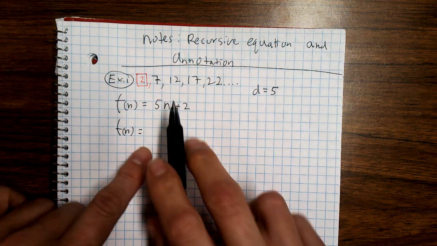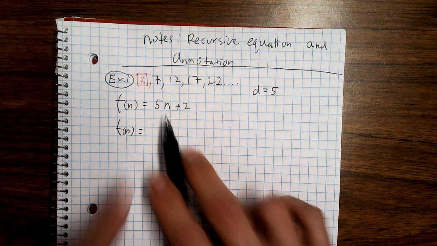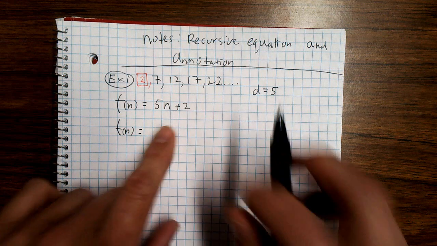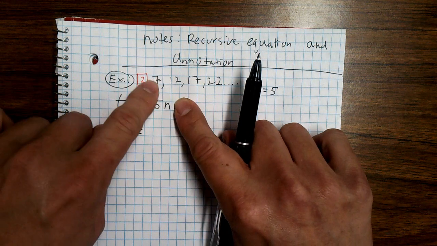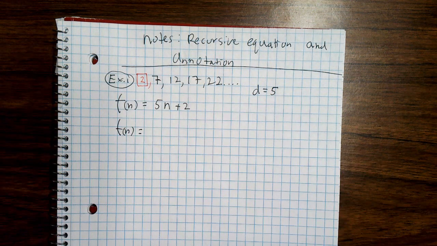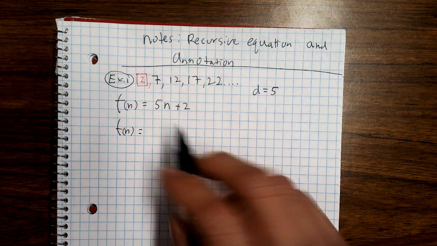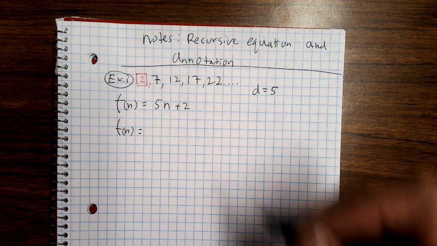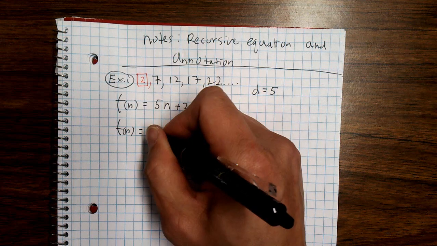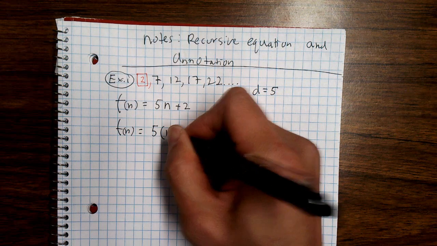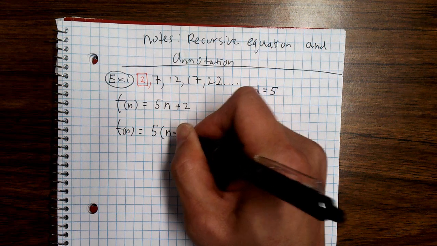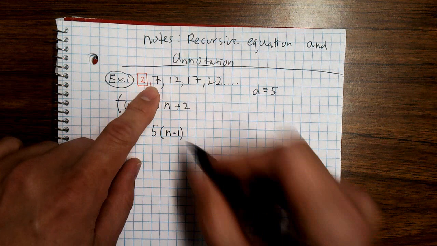If the 2 doesn't exist, you start off at 7, so therefore you need that 7 first. So you write something like 5 times (n minus 1), and then that would be plus 7.